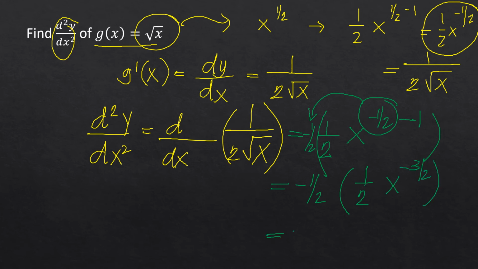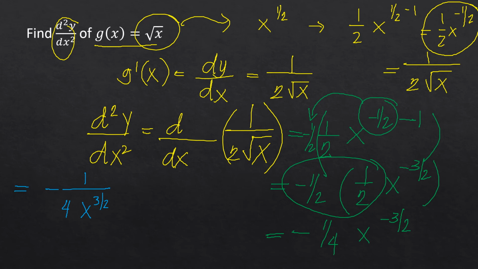And that will become negative 1 half times negative 1 half is negative 1/4 x raised to negative 3 over 2. And that will now become negative 1 over 4 x raised to 3 over 2 using the power rule. So magiging positive siya pag nilagay mo sa denominator. At i-rewrite mo yan into negative 1 over 4.